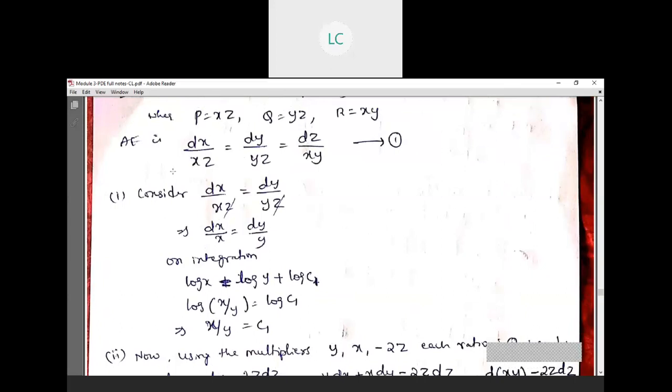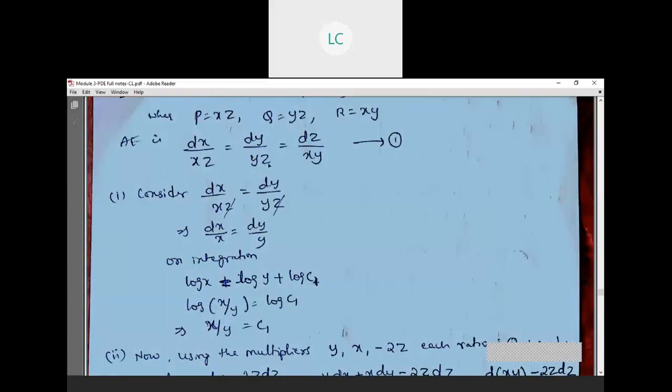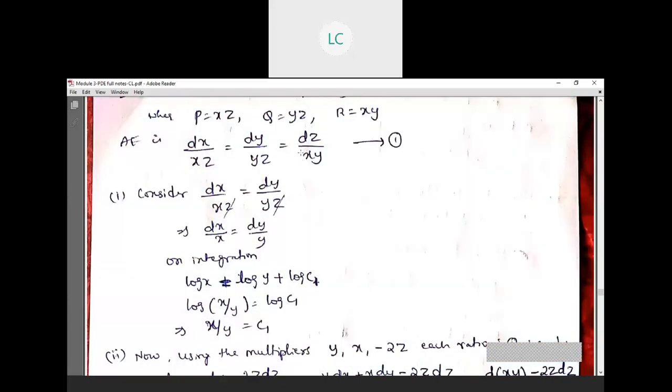the multiplier property. See here we have xz, this is yz, this is xy. So in this term y is missing, in this term x is missing, in this term z is missing, right? Here we should multiply y, here we should multiply x, here z.